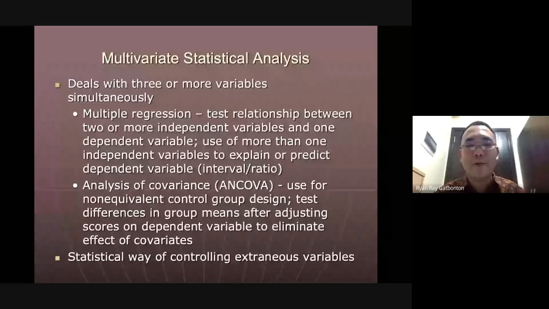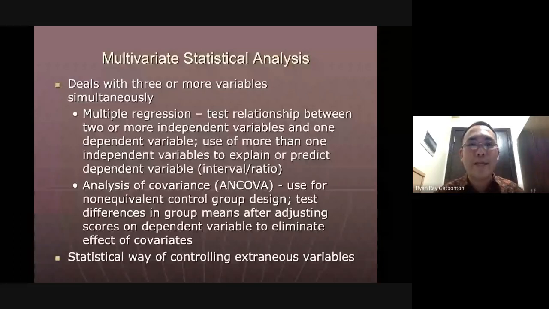Or the analysis of covariance, which is used for non-equivalent control group design, because the ANCOVA or analysis of covariance eliminates the effect of the covariates or the effects of your extraneous variables. Okay? So this is one way to statistically control your extraneous variables, the use of your ANCOVA, analysis of covariance.